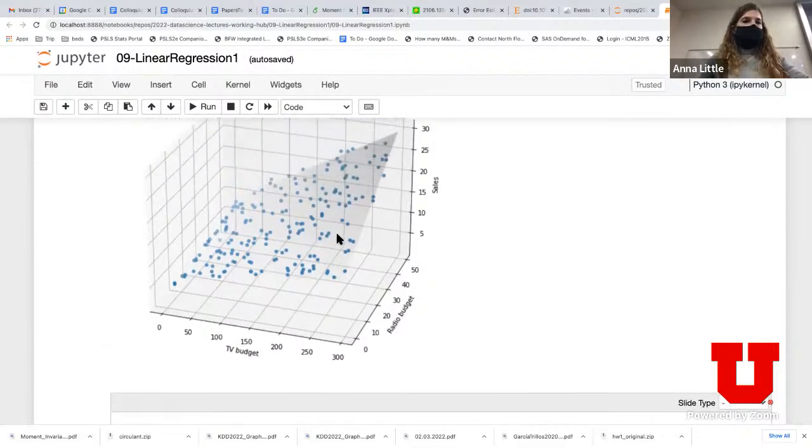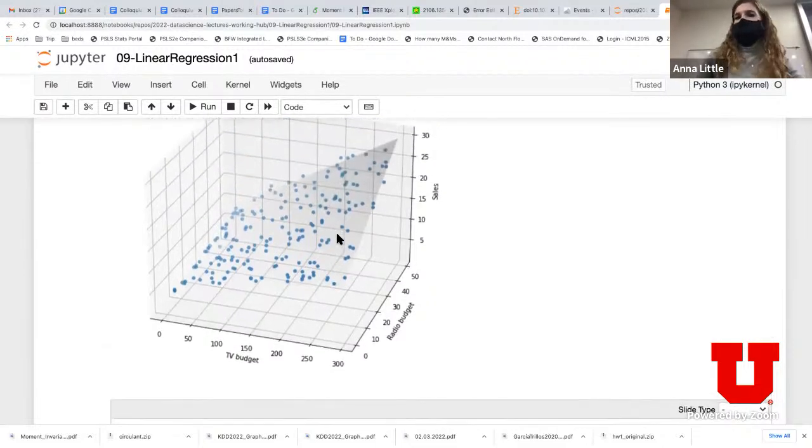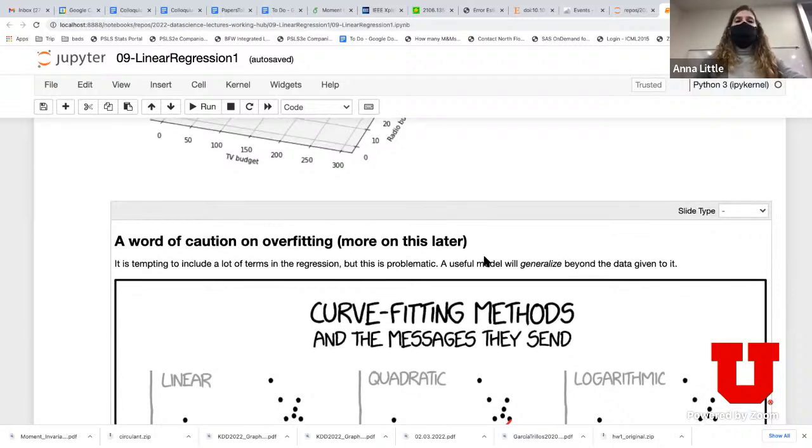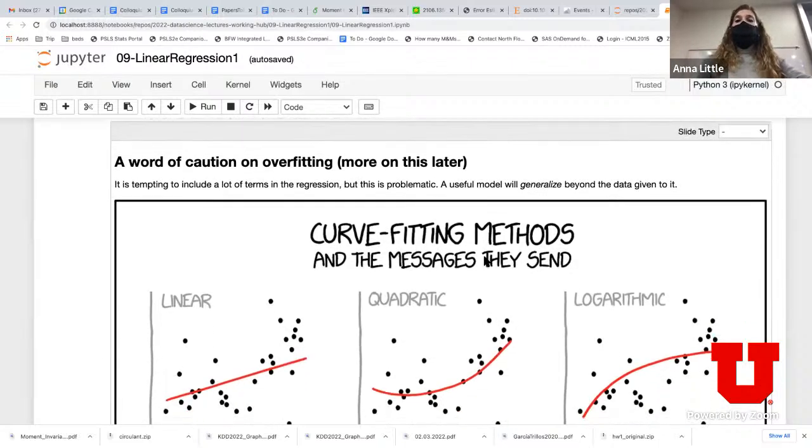So this may seem awesome, and you may be thinking, okay, let's square the variables, let's cube the variables, let's do all of these combinations, and let's include all the variables that we have, and surely we'll get a very good model. And indeed we would, but you don't want to overfit the data, right? So we'll talk more about that later. But in general, you want to make a really good model, but you don't want to make it too complicated.